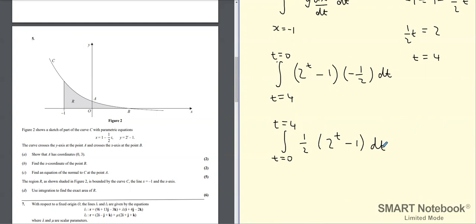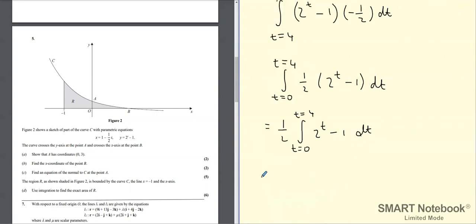Now, what we can do is take the half out, integrate 2 to the t minus 1 dt between limits of t equals 4 and t equals 0.